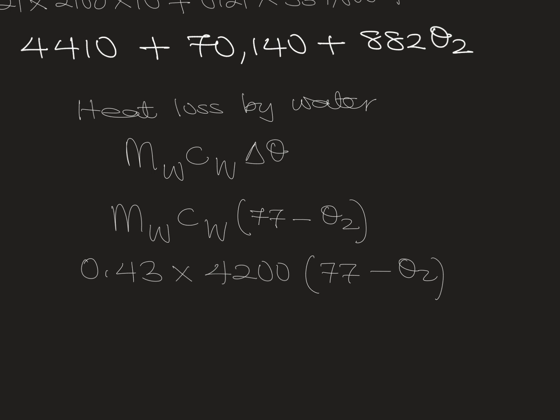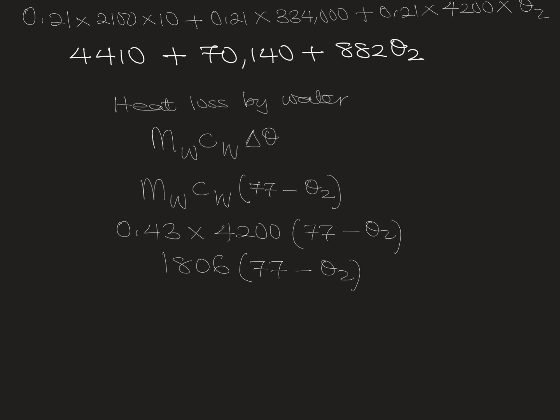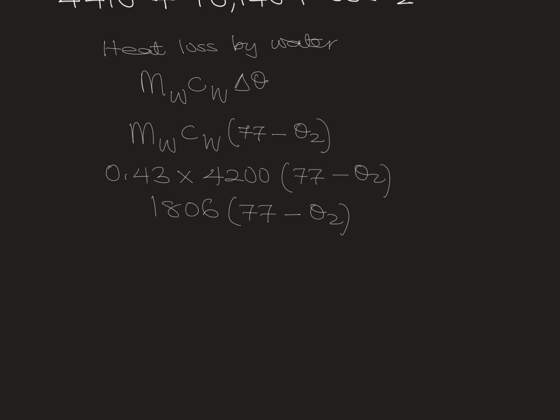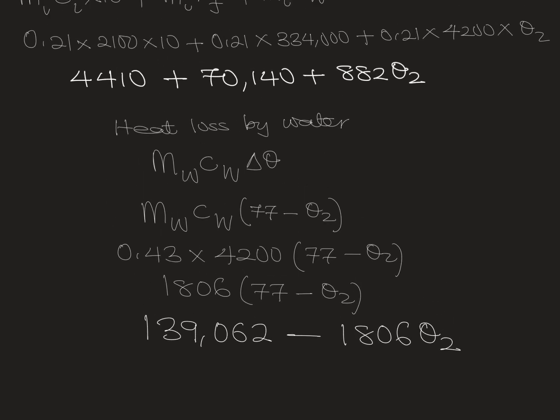So 0.43 times 4,200 is 1,806, into 77 minus theta 2. 1,806 times 77 is 139,062, minus 1,806 times theta 2, which is 1,806 theta 2.